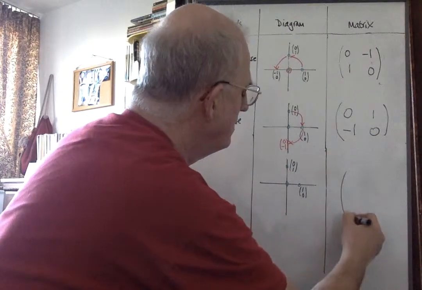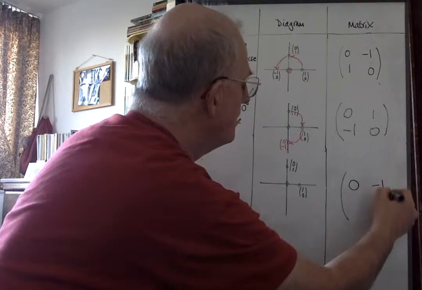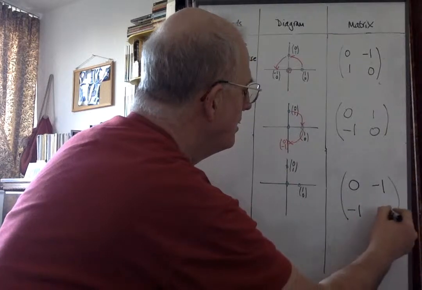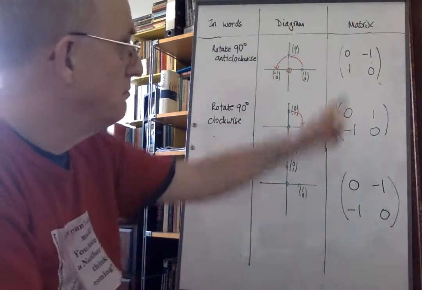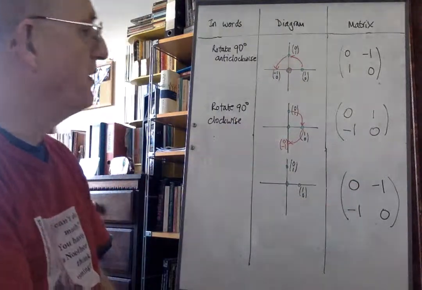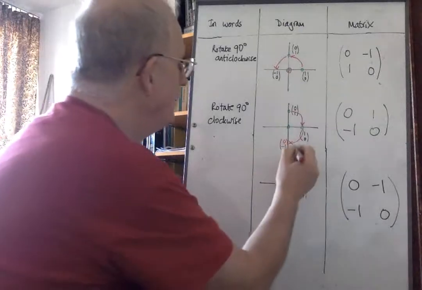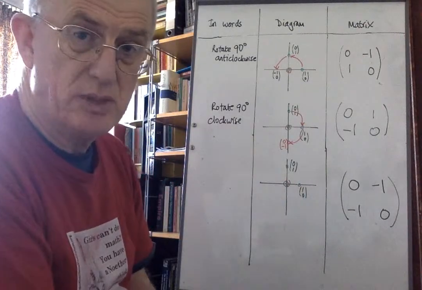For the third one, let's try starting off from the matrix. So let's see what would happen if we had -1 there and -1 there. Right, okay. The origin stays where it is, as always.